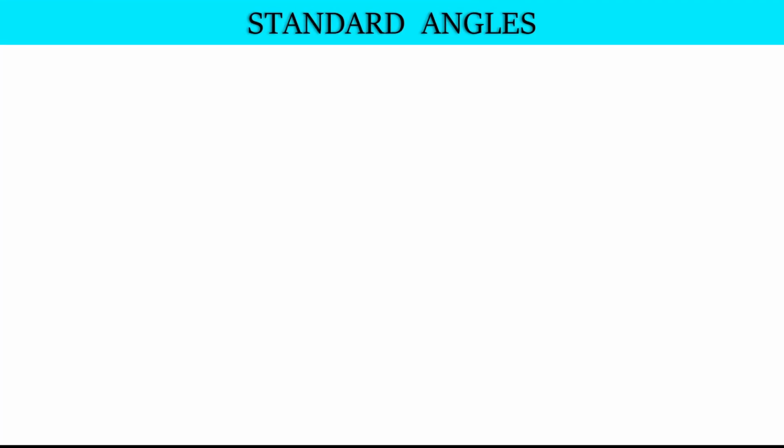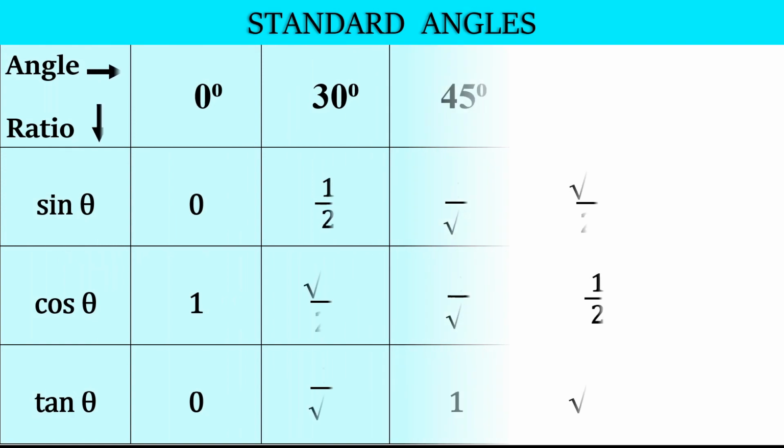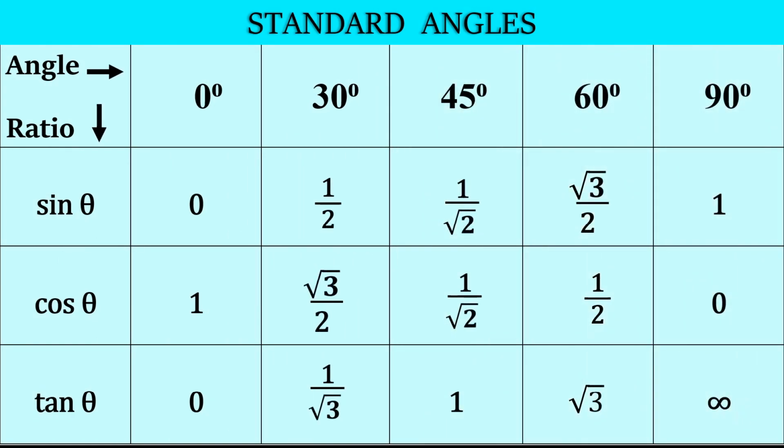But before we start with the first question, let us take a look at all the values of the standard angles, because whenever you see standard angles in the questions, you have to immediately substitute their values.